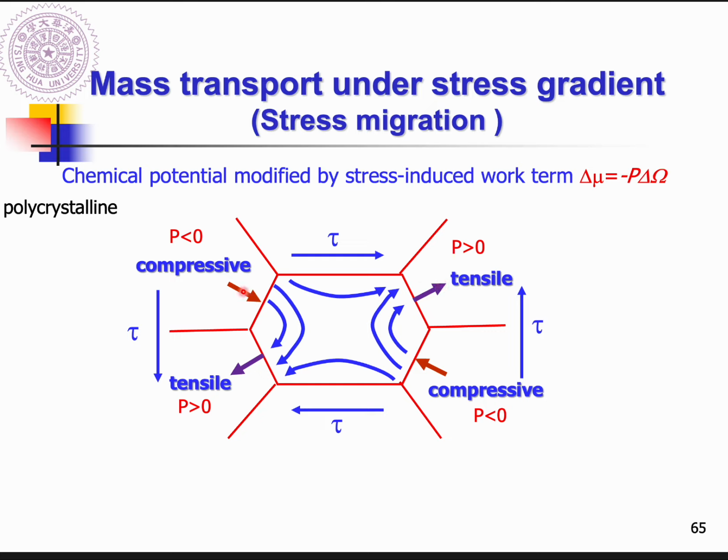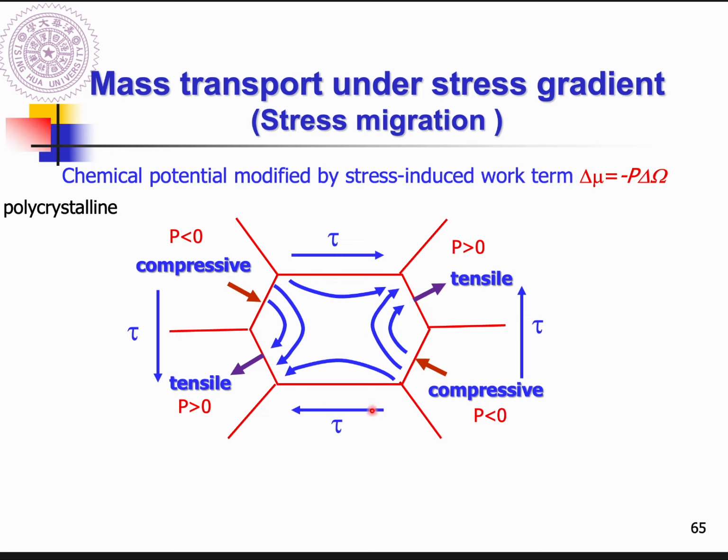So based on this, the mass transport will be from the compressive region toward the tensile region. So you get the atomic flux going this way, and this way, from compressive to tensile. So you can expect this edge is going to move toward this side, and this edge will move to the other side.